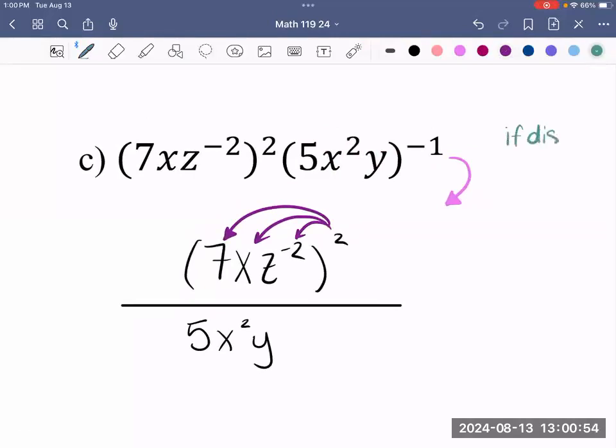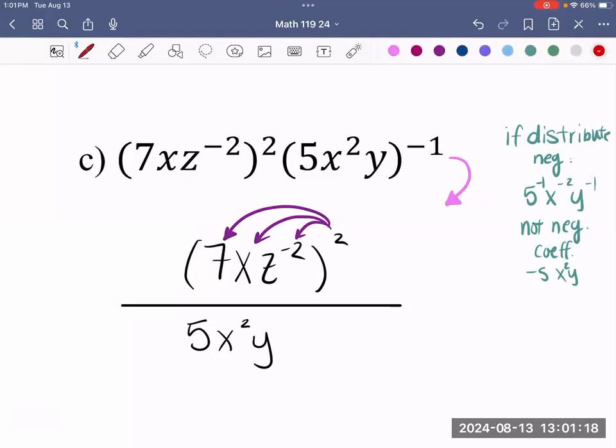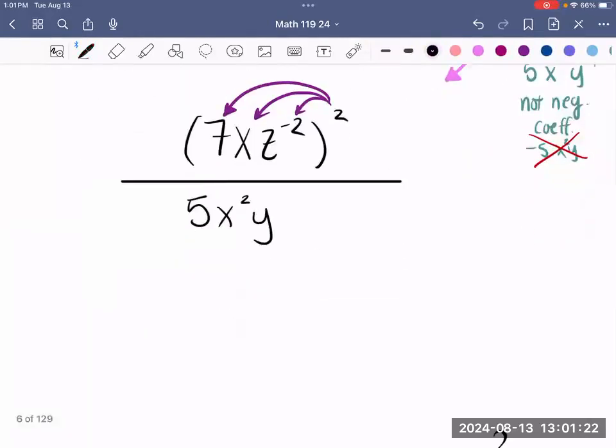If you distribute the negative, then it's 5 to the negative first, x to the negative 2, y to the negative 1, not negative coefficients. Okay. So hopefully that answers some of your questions.